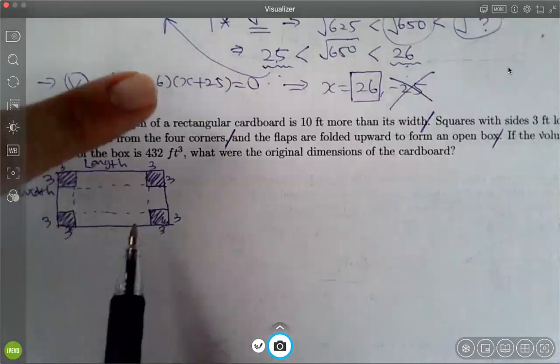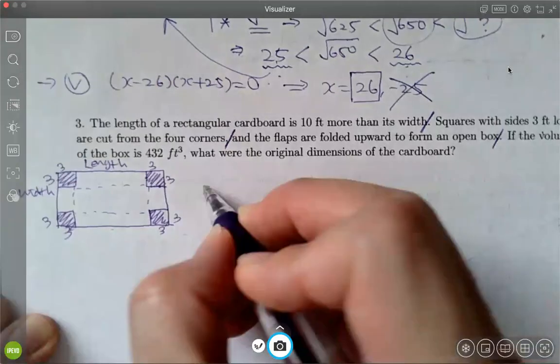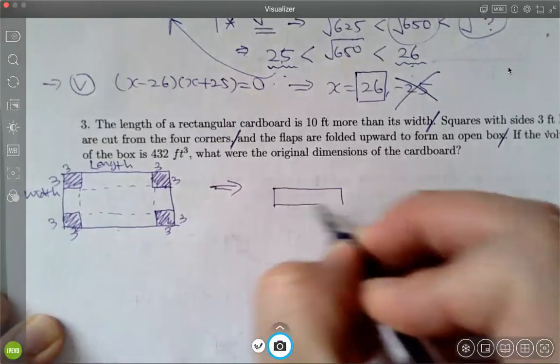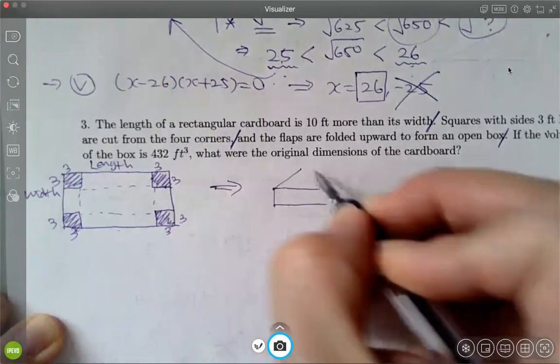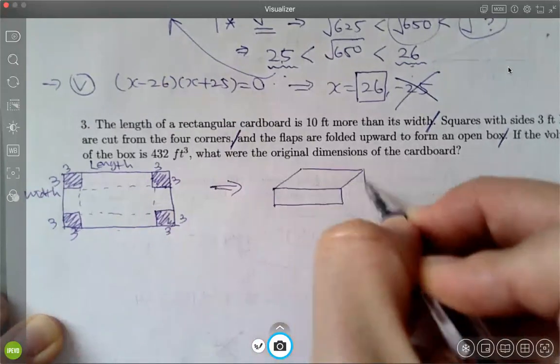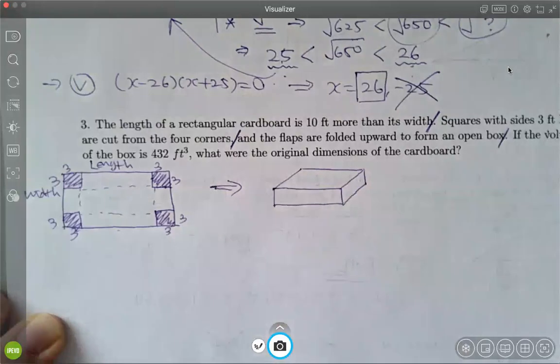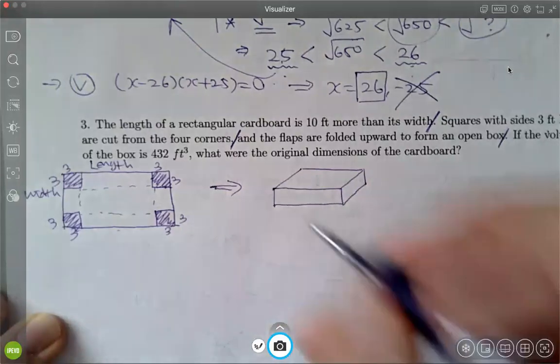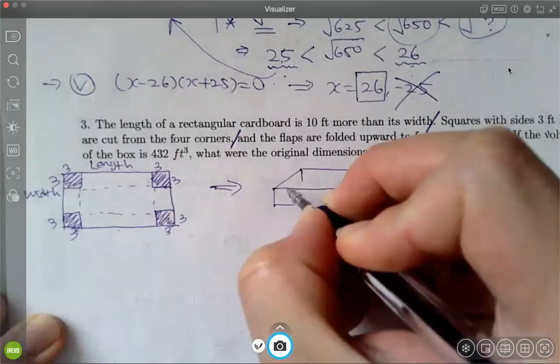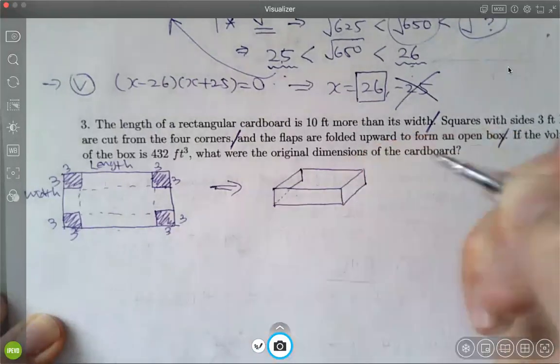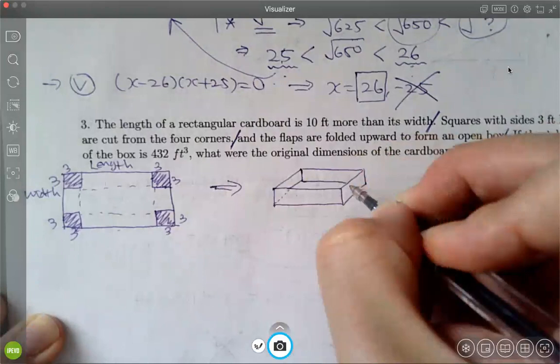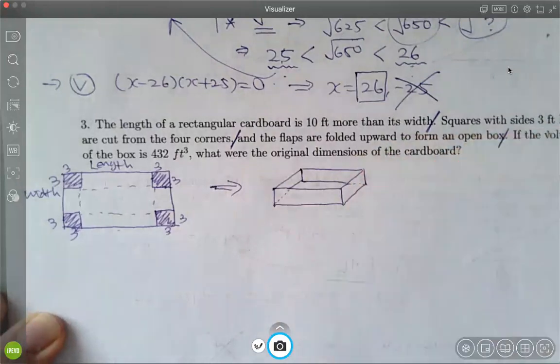So you have something like this, and this box doesn't have a lid. It looks like this, so there's no top part.